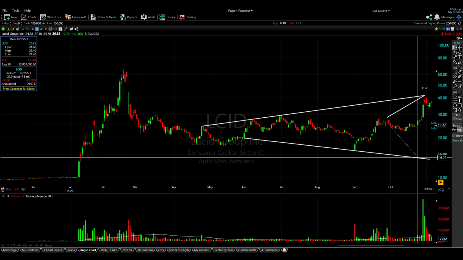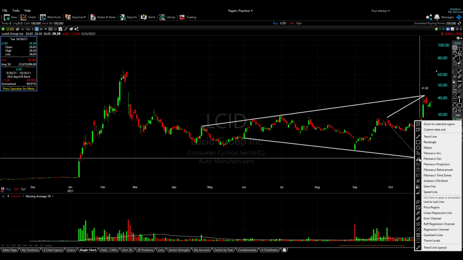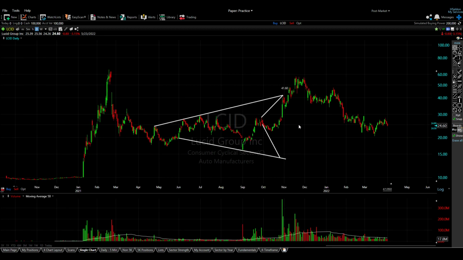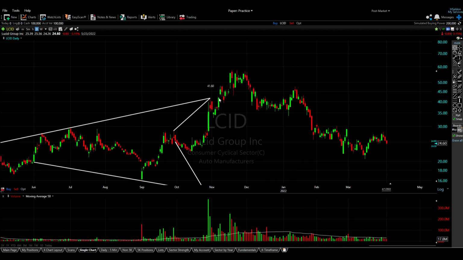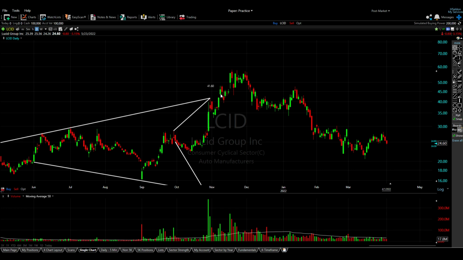Yes, right down to there. Now it goes all the way down to 14. Unzoom this. Okay, 41.60. Does that work? If right there, there it is.